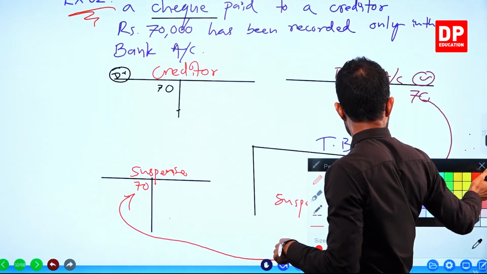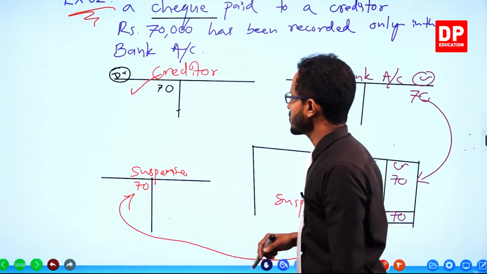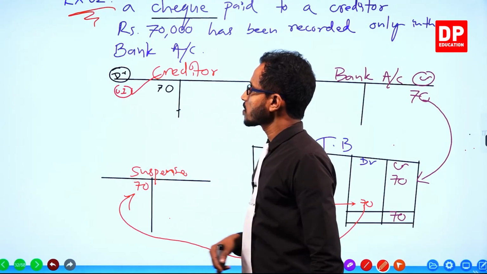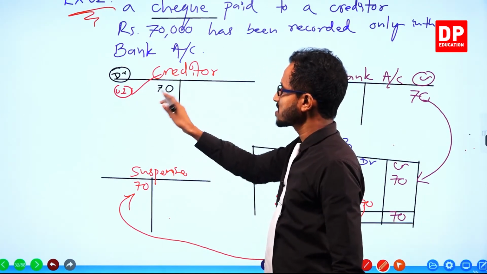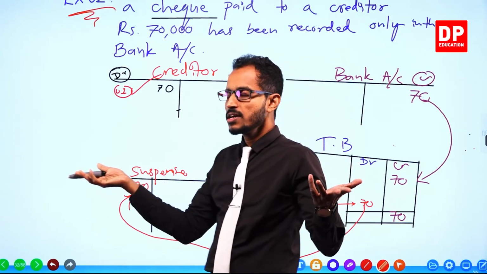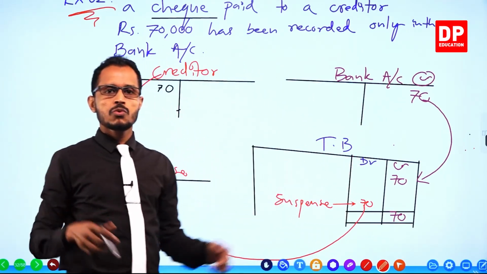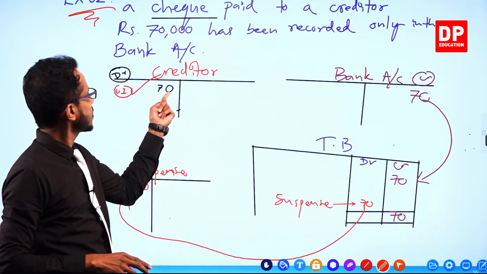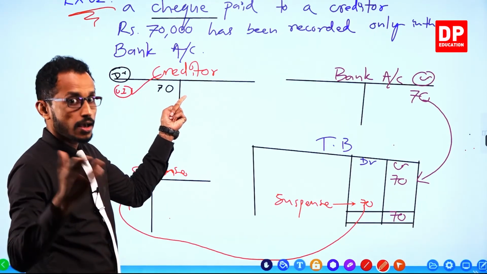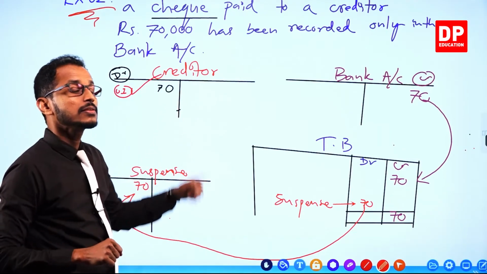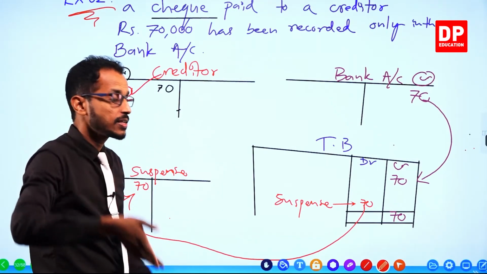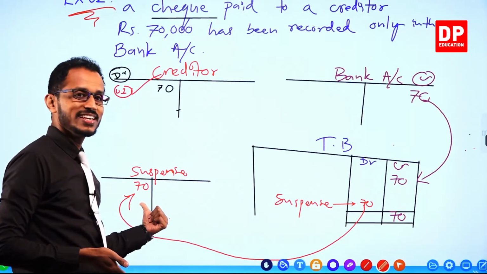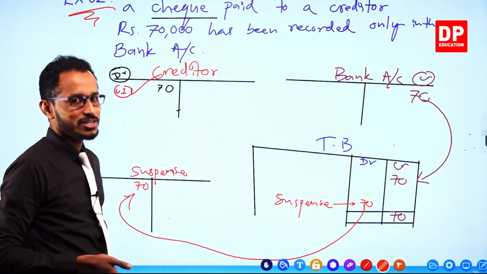Now, first entry is done. Creditors account debit 70. Where should the other entry go? Because the difference was entered in the suspense account and the suspense account has the 70,000, it should be ruled off.